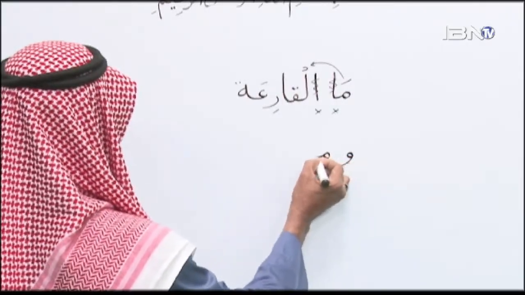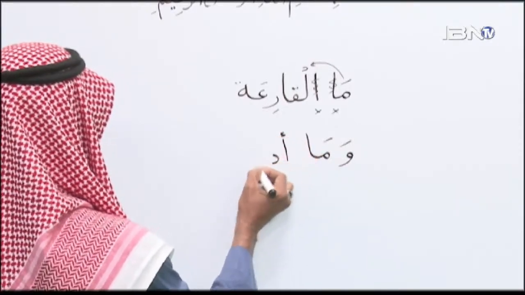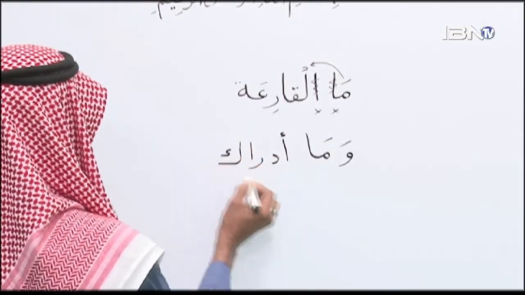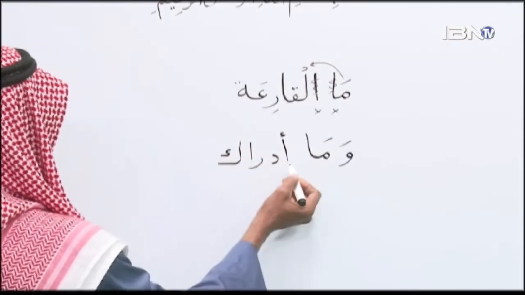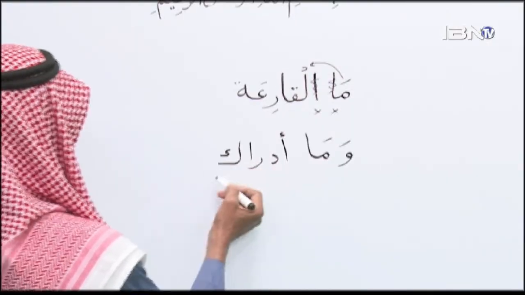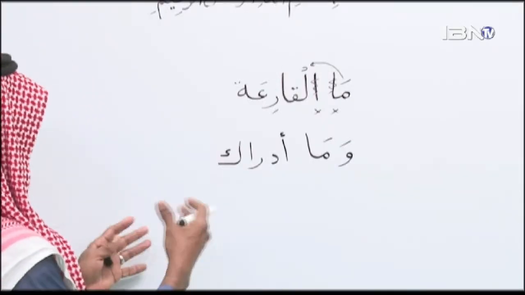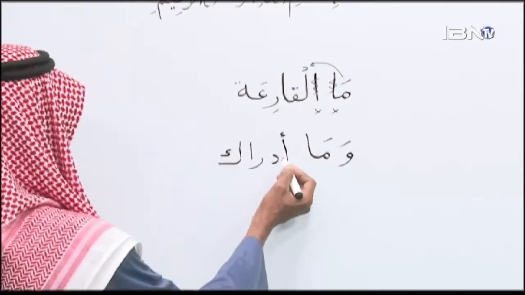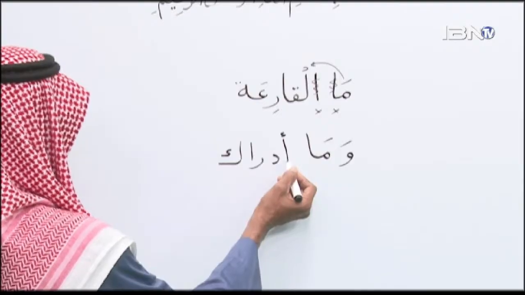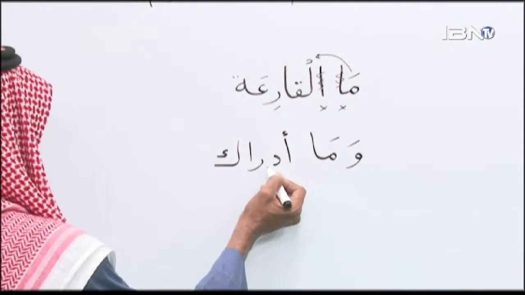Wa ma adraka. Notice also how there is no attachment to the letters. We are getting revision also of the letters that don't allow attachment. The dal was not attached to the alif because alif is one of those letters that does not allow attachment to letters coming afterwards.